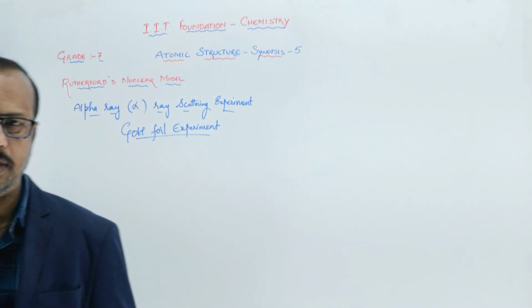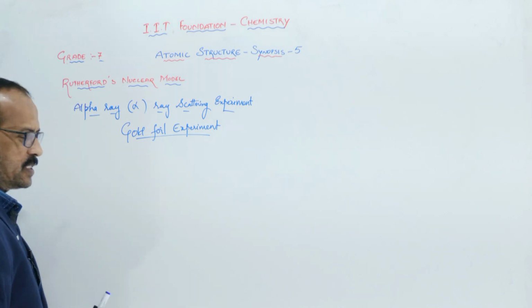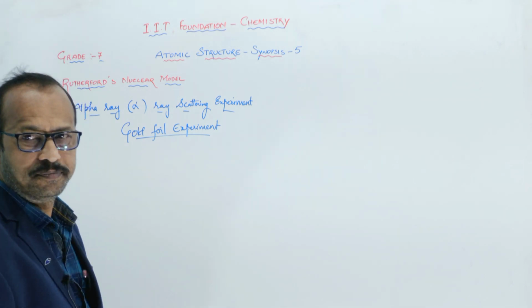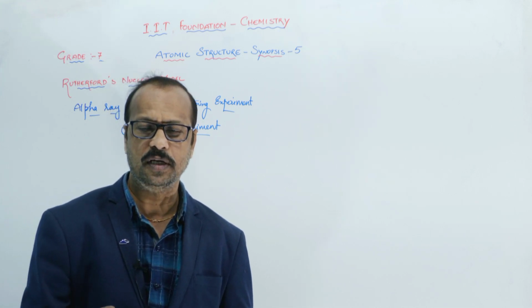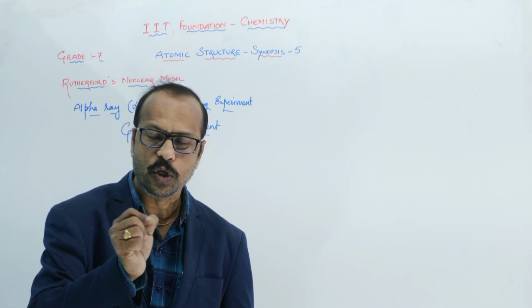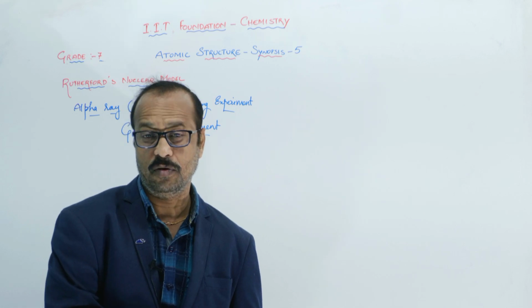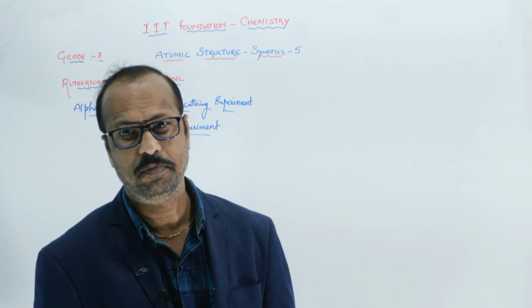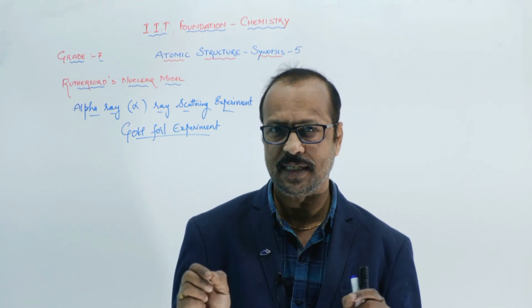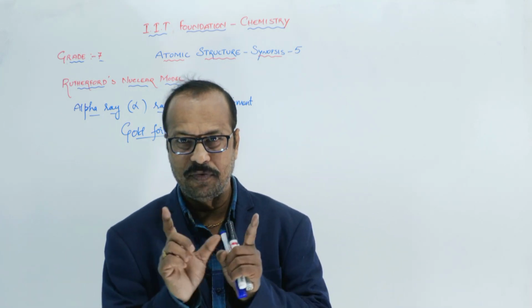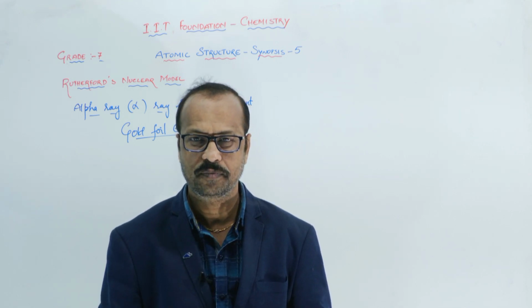Students, here he has taken a thin gold foil. Rutherford took one thin gold foil of about 0.01 mm thickness. What is the thickness? 0.01 mm thickness, means very thin, right? So normally you can take the 15 centimeter scale in the geometry box.